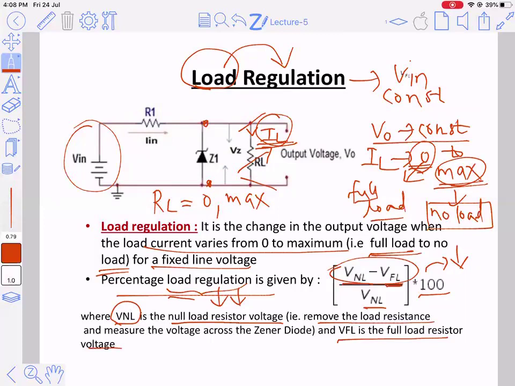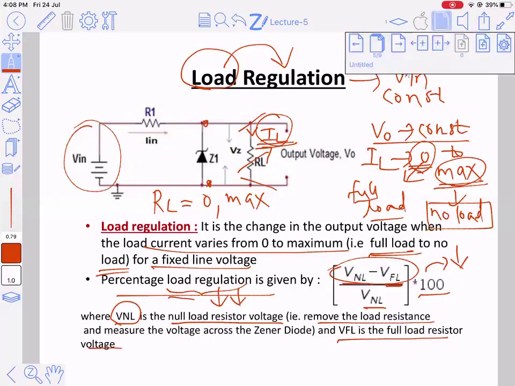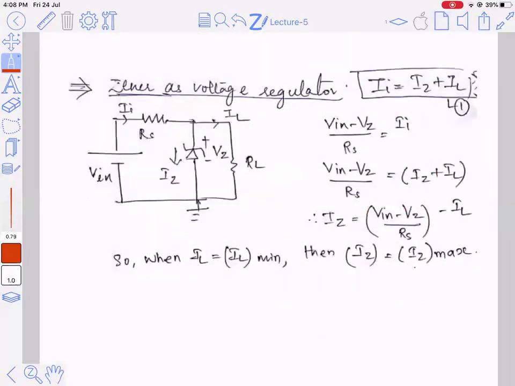So when I consider a zener as a voltage regulator, this is the diagram that I draw. If you remember, we spoke about the power supply circuit, right? So I had a filter and there was my load.